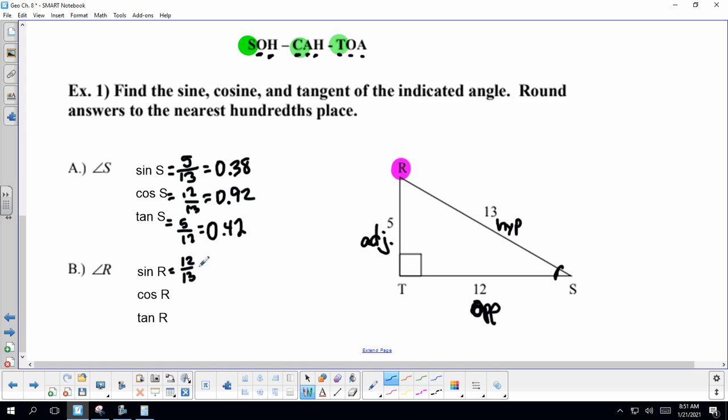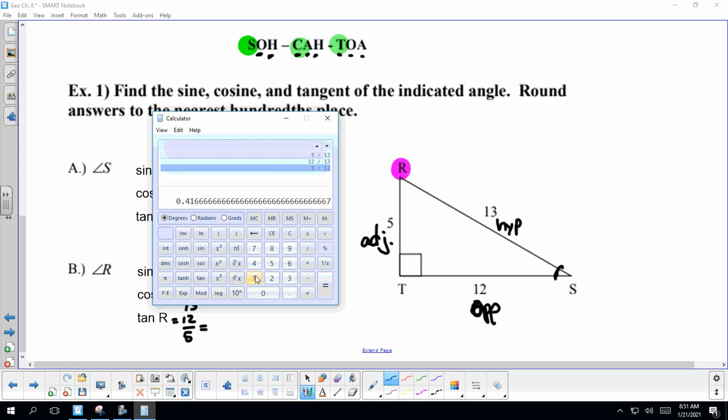We've already calculated what that is. Cosine is adjacent over hypotenuse. That's 5 over 13, or 0.38. And then tangent is opposite over adjacent. We have not calculated this one, so let's grab our calculator. 12 divided by 5 is 2.4.